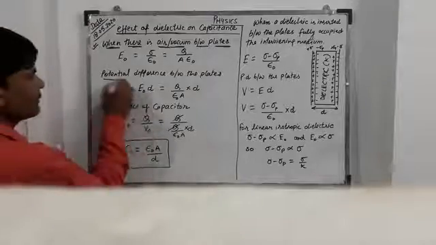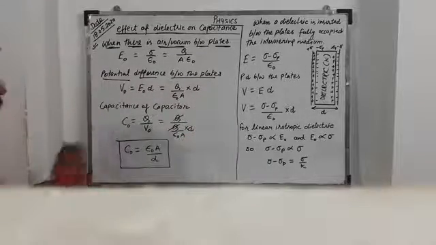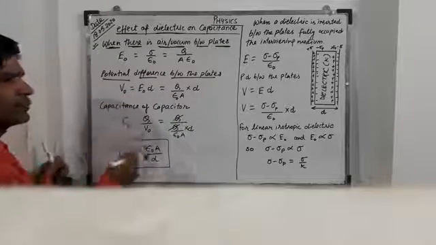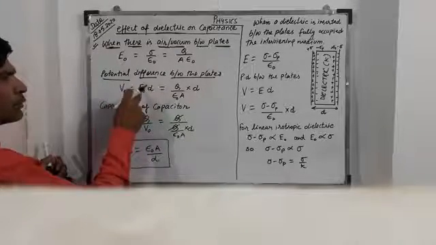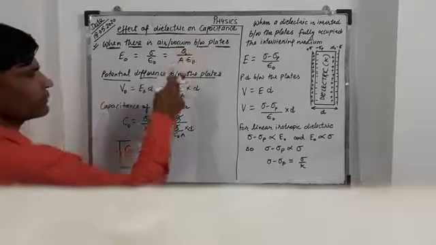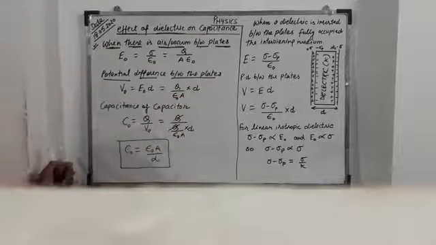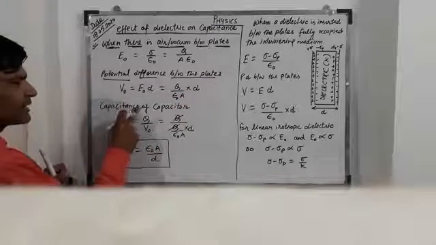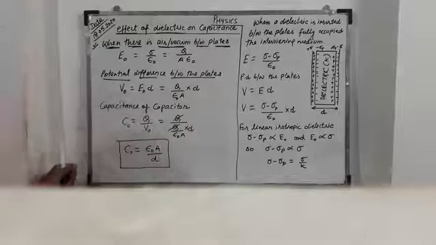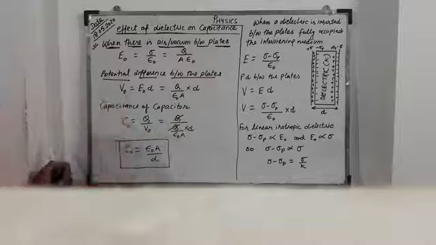Then the potential difference between the plates, we know that V is equal to E into d. So V naught is equal to E naught into d. Then we get q upon epsilon naught A into d. Similarly, the capacitance of the capacitor C naught is equal to q upon V naught.